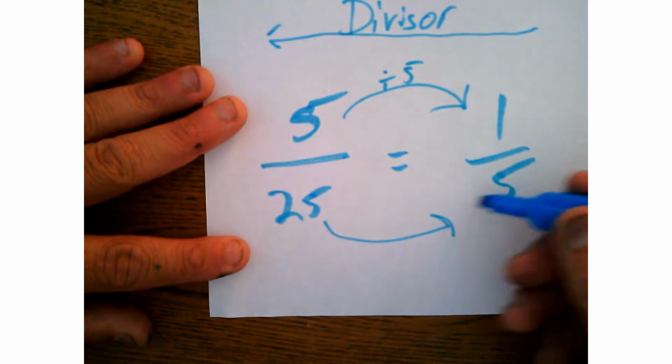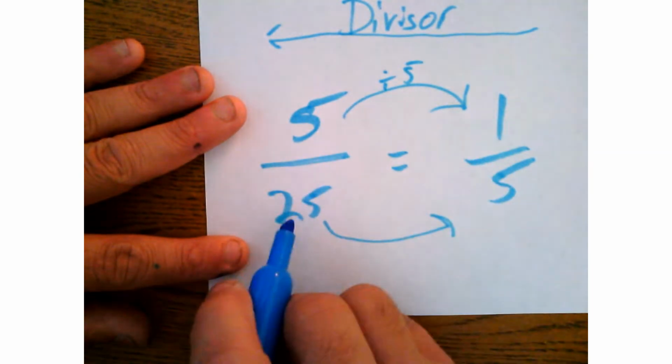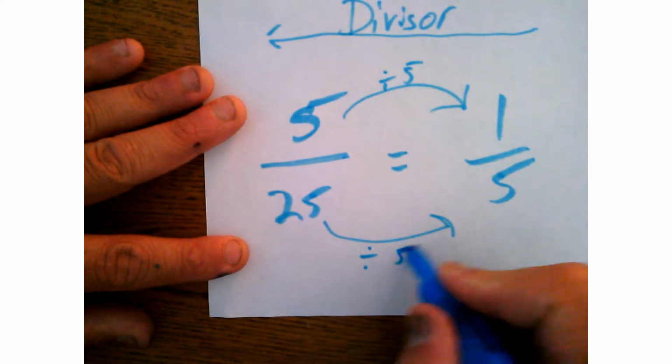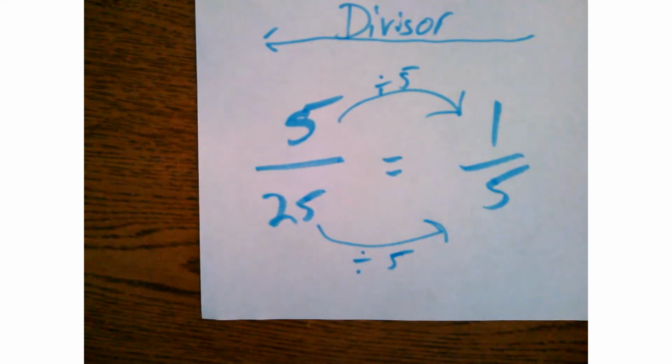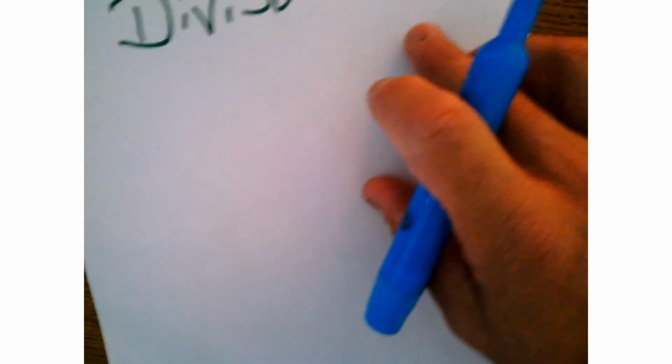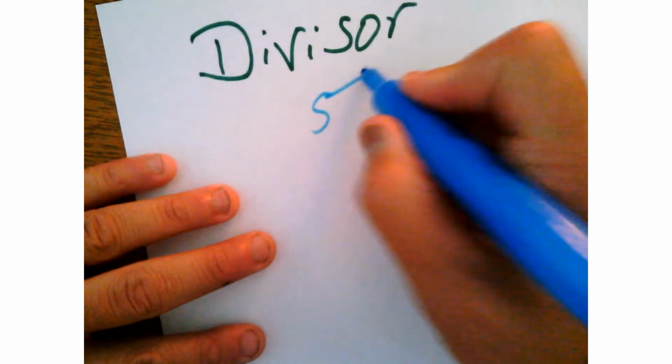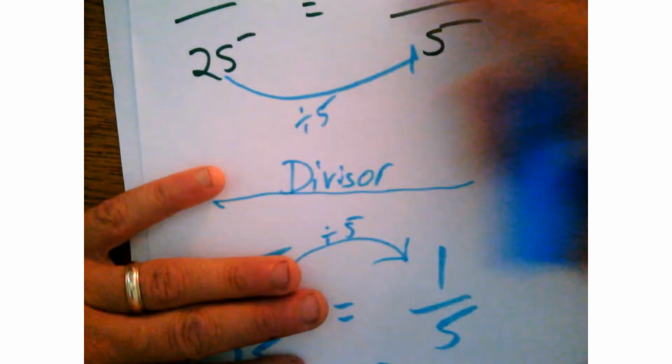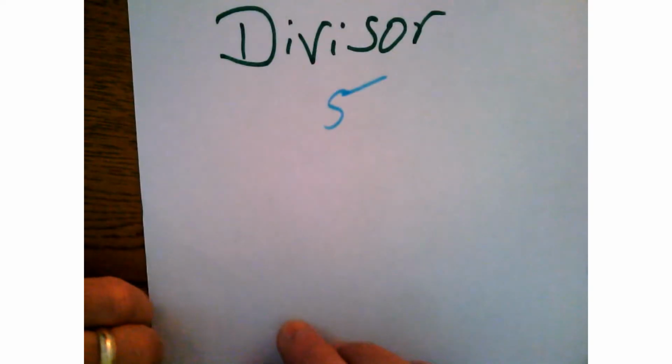I could say 5 times 5 is 25. If that's true, then 25 divided by 5 is 5. So you could ask yourself the multiplication question. So when they're asking you for the divisor, in this particular case, the divisor is 5. That's it. That's your answer. What's the divisor between 5/25 and 1/5? The divisor is 5.